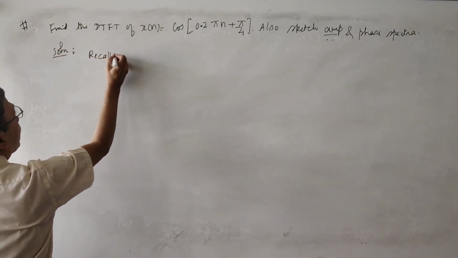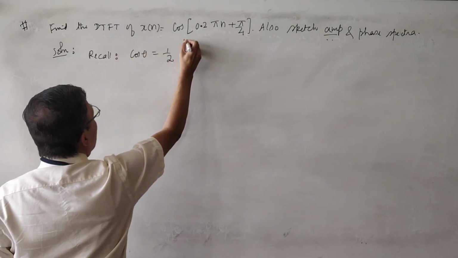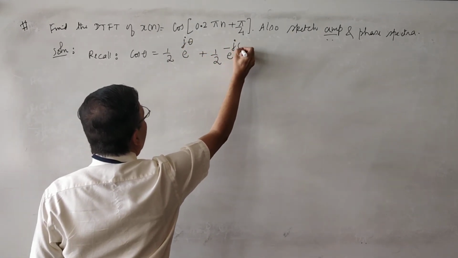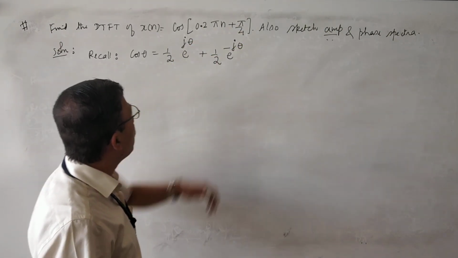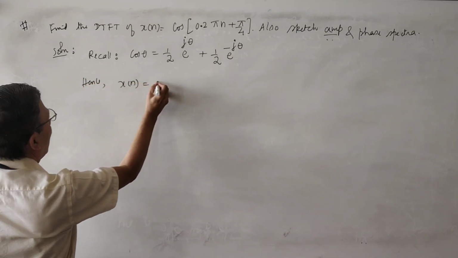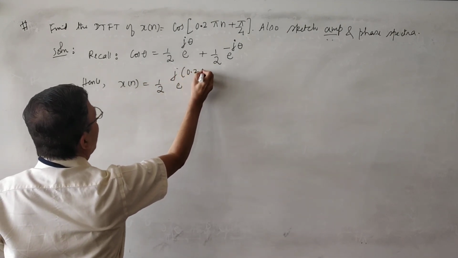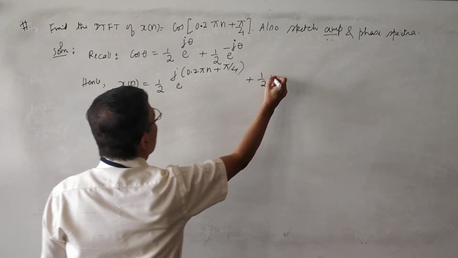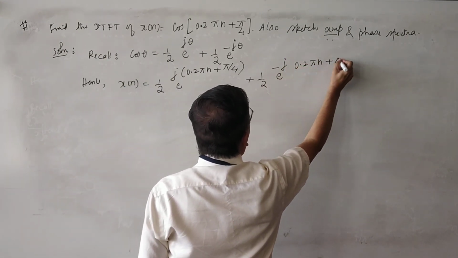Recall, cos theta is equal to half into e to the power j theta plus half into e to the power minus j theta. Now what is theta in this context? 0.2 pi n plus pi by 4. Hence x of n equals half into e to the power j times 0.2 pi n plus pi by 4 plus half into e to the power minus j times 0.2 pi n plus pi by 4.